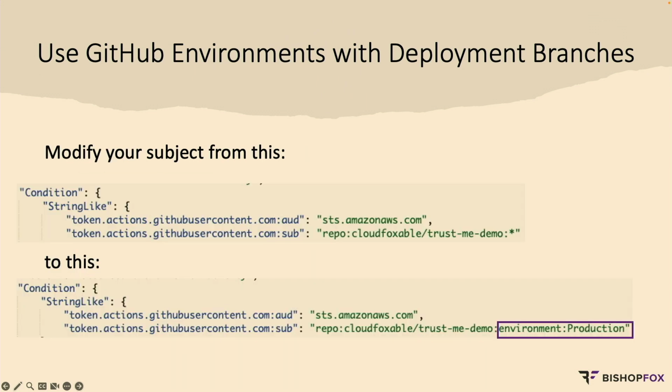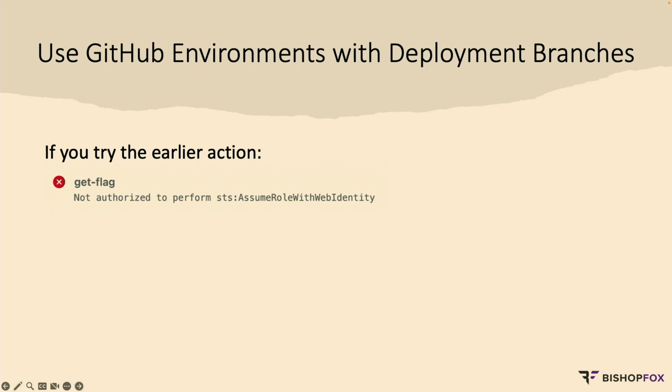And on the AWS side, on the trust policy, we're now going to change the trust from trust me demo colon star to trust me demo colon environment, the word environment, and then whatever the name of your environment that you just created. And when you do that, so if we execute the PR, the PR that we created as is, we'll get this error.